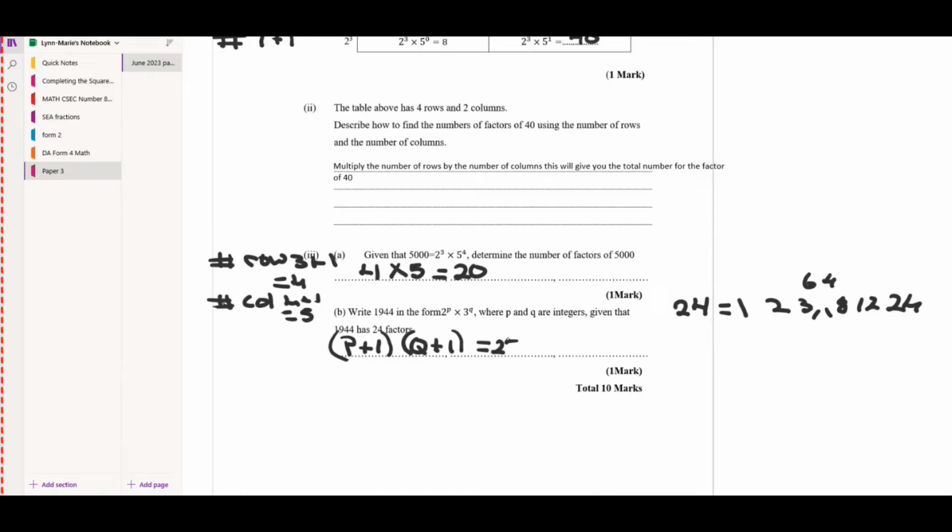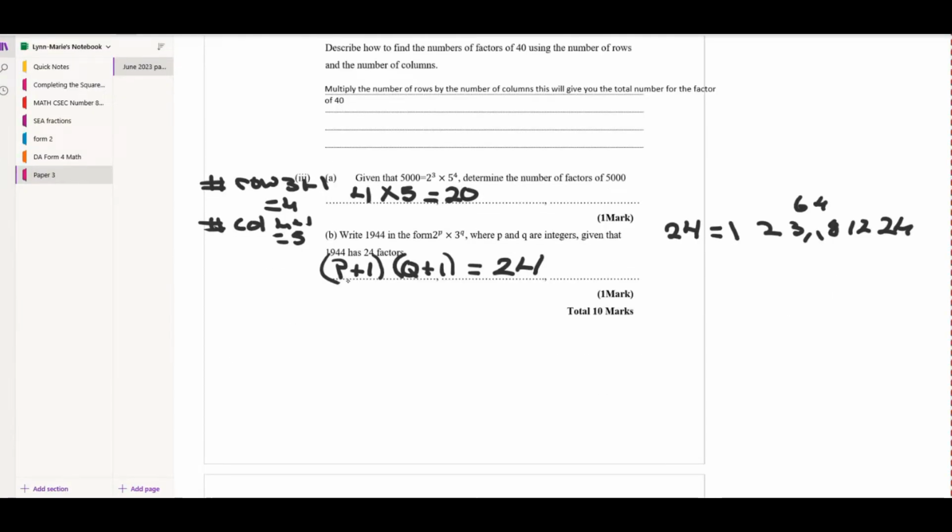How did I get that? Remember the formula here. For your number of rows, you add 1 to your power, and for the number of columns, you add 1 to your power, and then when you multiply them, you're supposed to get 24. So using this, we will find out what p and q are. p plus 1 and q plus 1, these are your factors.